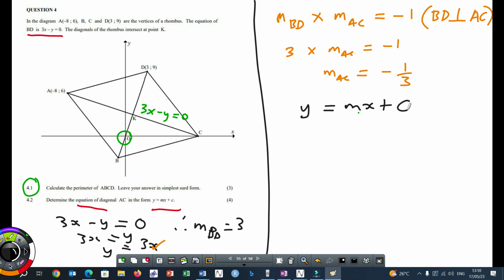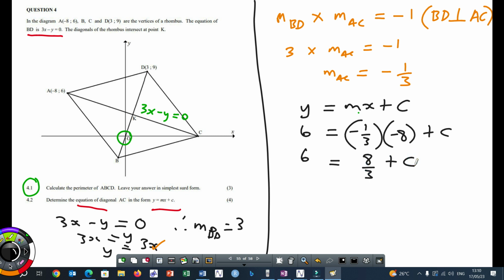So y is 6. Our gradient is minus a third. x is minus 8. So this will give us 6 equal to 8 over 3 plus c. Then you simplify this. You take the 8 over 3 to the left. So you get c equal to 6 minus 8 over 3. And this will give me c equal to, now this is the same as 18 over 3. So 18 minus 8, I'll get 10. That's 10 over 3.